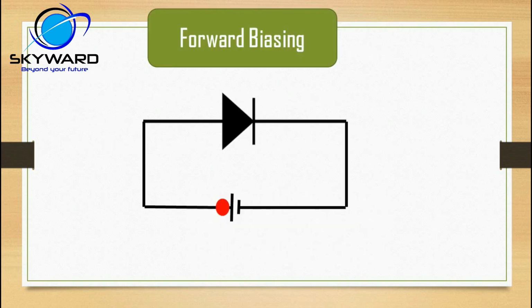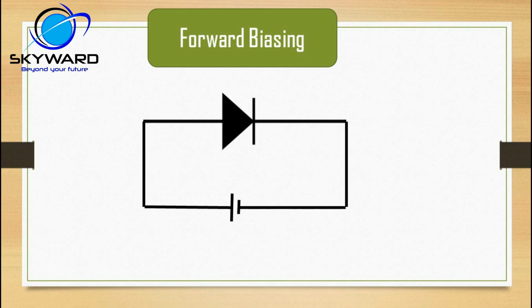So if I put any voltage on the positive side of the diode, what will happen? Let's go through the diode in forward biasing. Again, there are different types of diode. First, this is the normal diode. Another diode type is known as the Schottky diode. What is the difference between a normal diode and a Schottky diode?